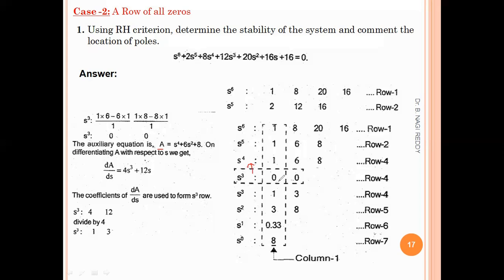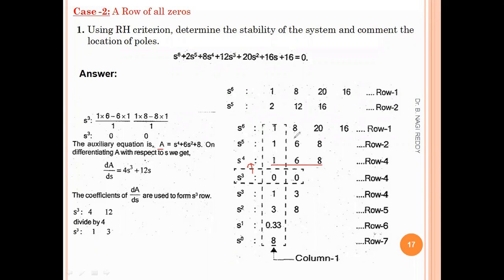So here we got the s cube row as zeros, so the next s power for this s cube is s power 4, the row above this row. So using 1, 6 and 8, using these coefficients, we need to write the auxiliary equation.